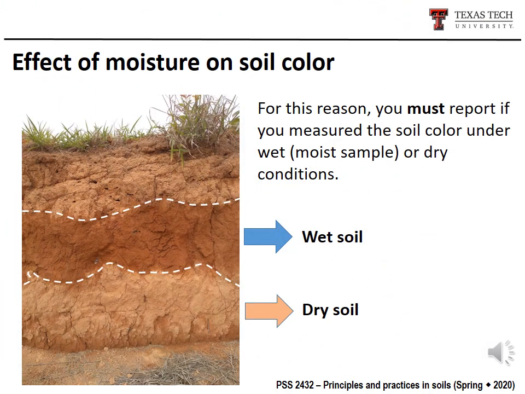Okay, and now let me show the effect of moisture on soil color. And please look at this picture. This is a soil profile, and you can see different regions, different sections. My question is, can you separate different horizons?